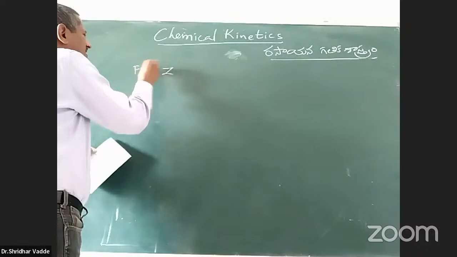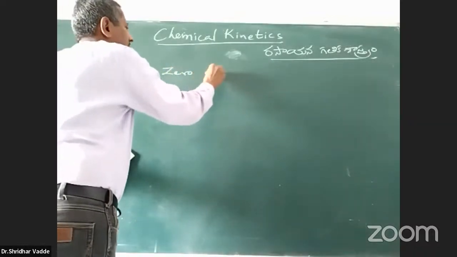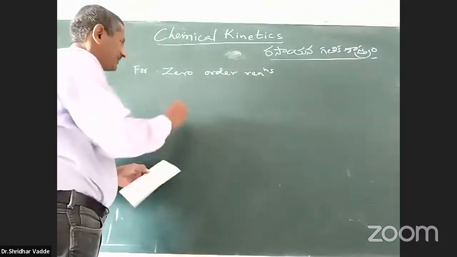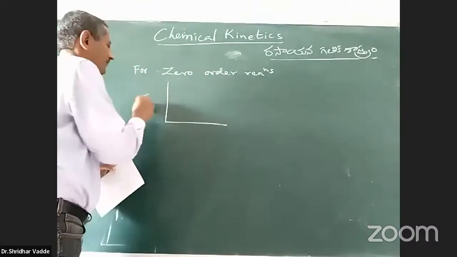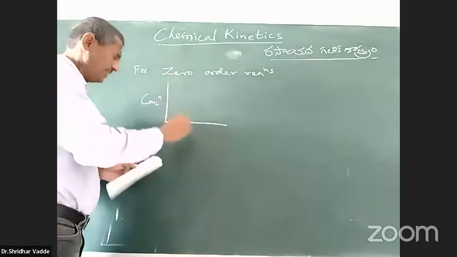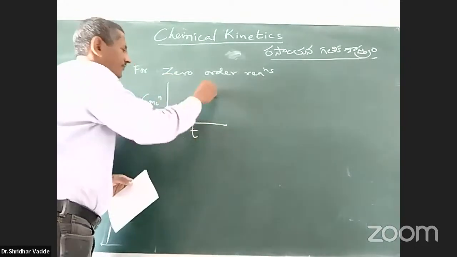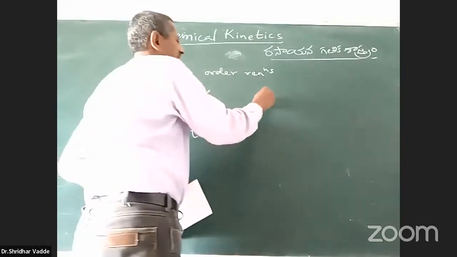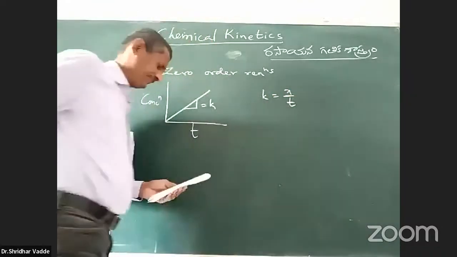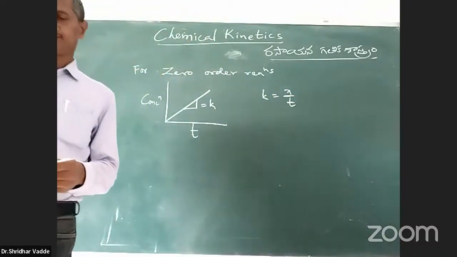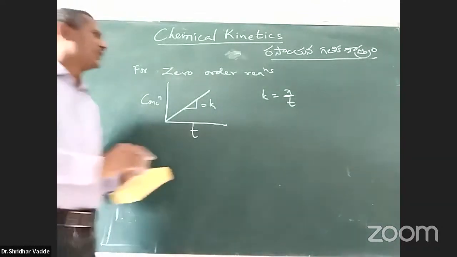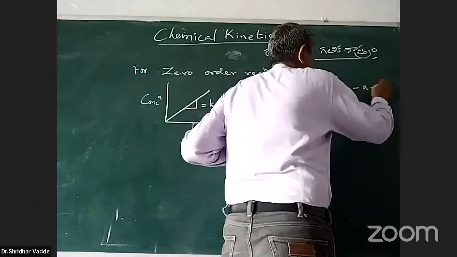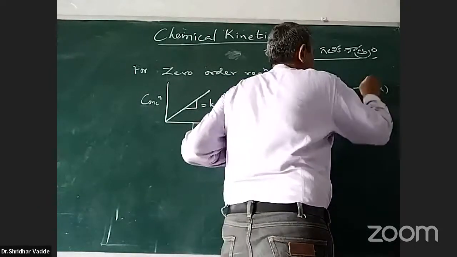For zero order reactions, concentration versus time. This is k, because k is equal to x by t. And here we know this k can be written as k is equal to a minus x by t.